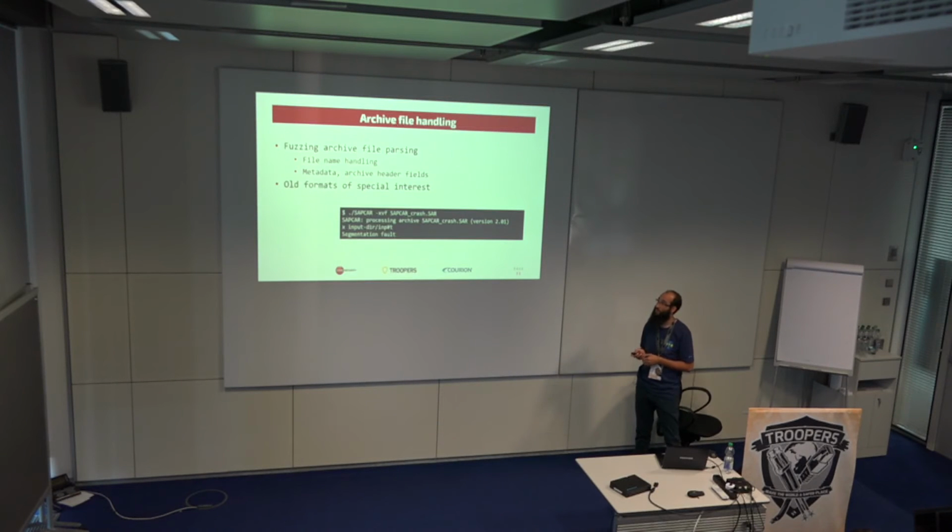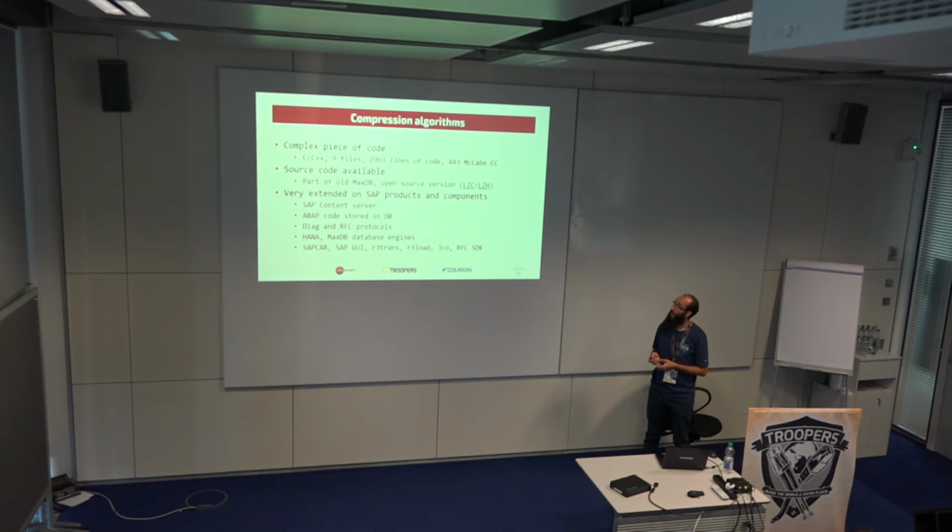But it's an interesting target. And obviously the old formats are the most interesting ones to look at as attack vectors, because there is code that is many years old and was not changed in the latest versions. So this is of special interest if someone wants to go in that direction.